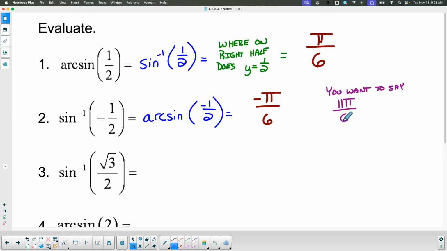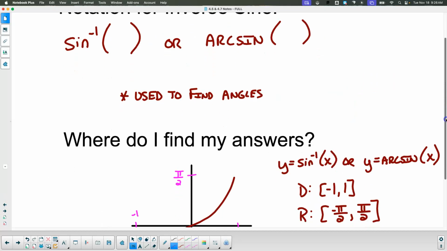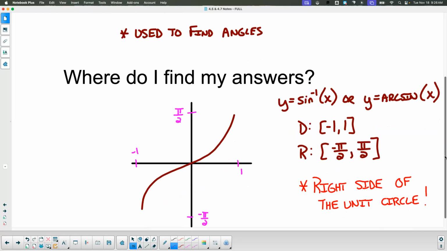On the unit circle, it says that on the right half of the unit circle, sine is -1/2 at 11 pi over 6. However, because of our restriction, that the range has to be between -pi over 2 and +pi over 2, 11 pi over 6 doesn't fall in that range.